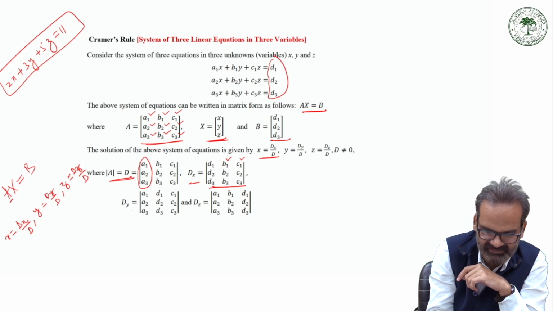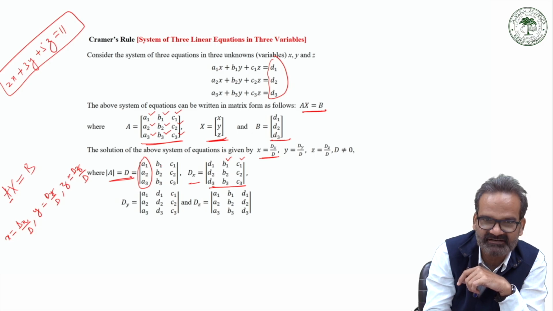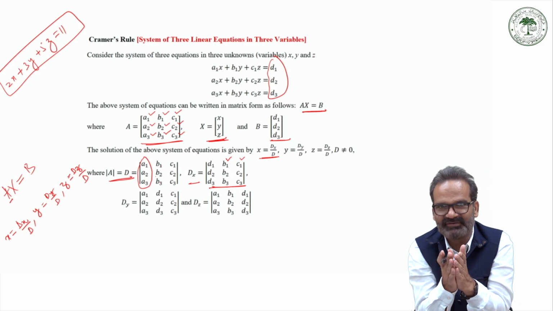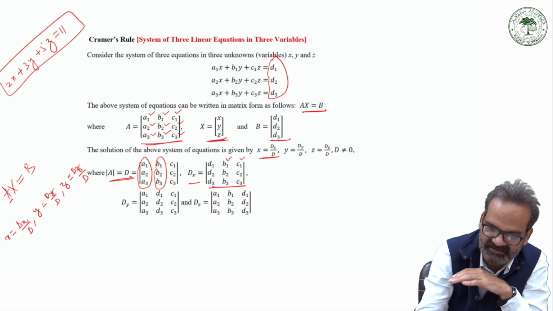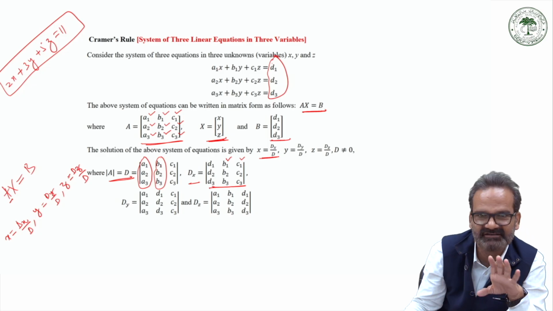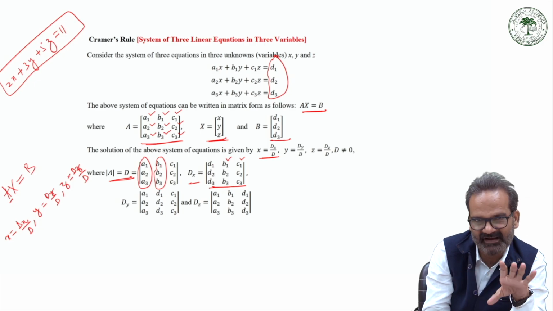Now, to find Dy, Dy means the second column of D, meaning B1, B2, B3. The second column of D, that is this one, should be changed by the same terms, that is D1, D2 and D3. See, the first column of D and Dy are the same, and the third column of D and Dy are the same.